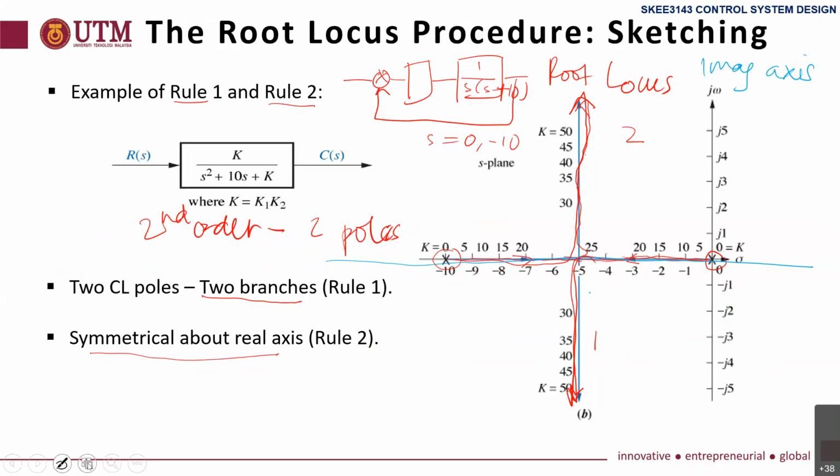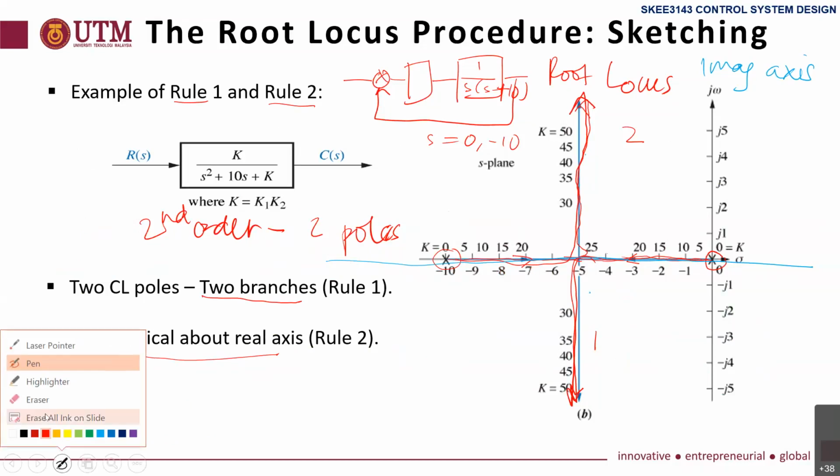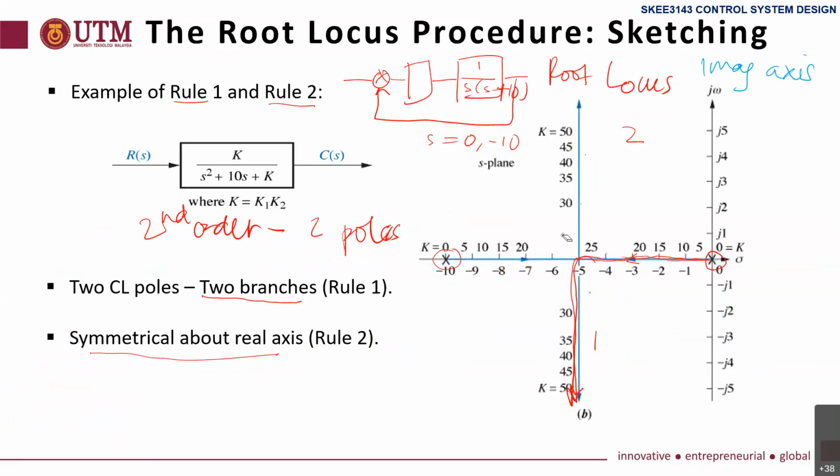If I erase this one, you can see clearly that it goes up. This is an arrow, and another arrow is from here to here.